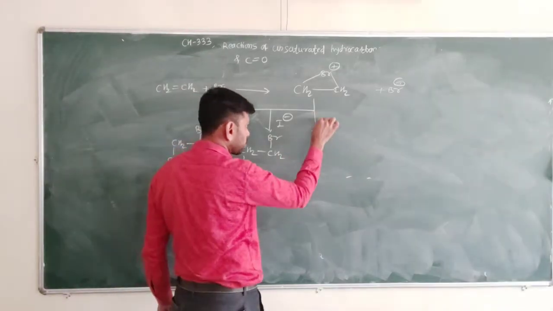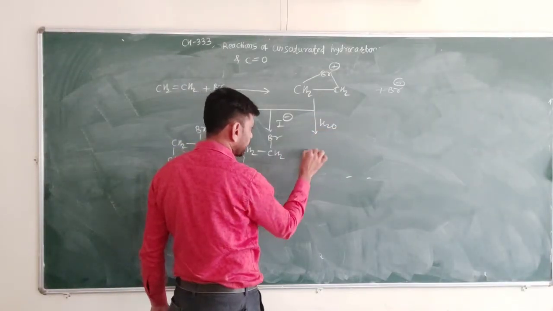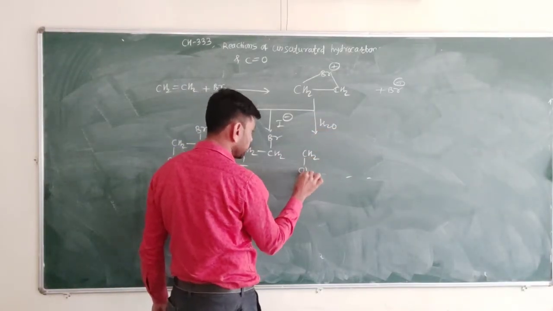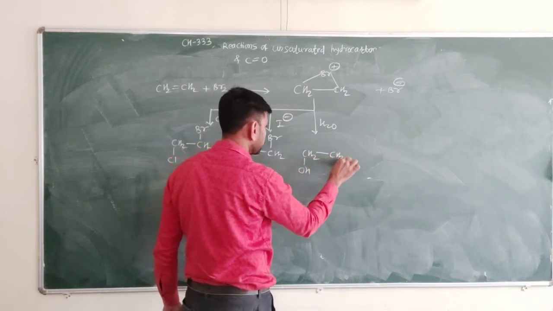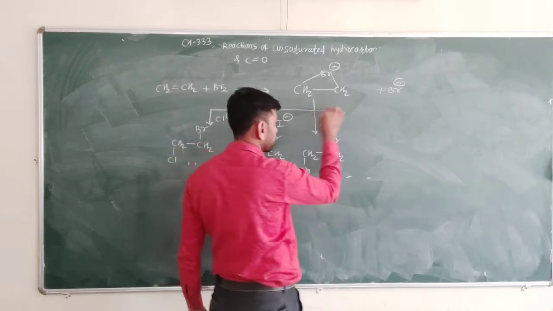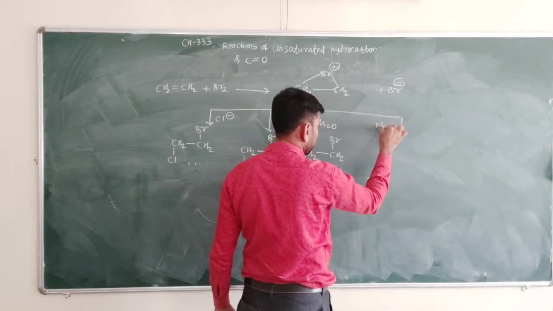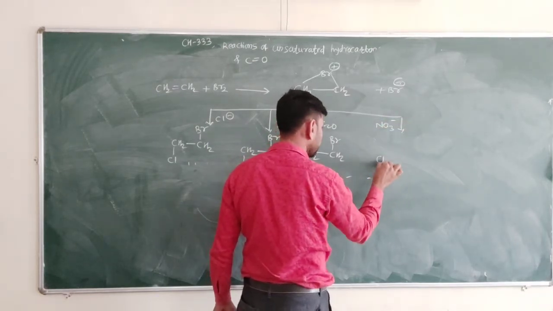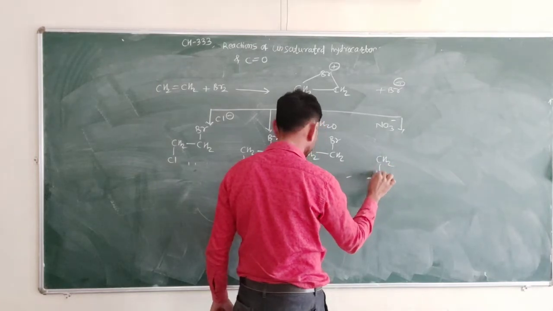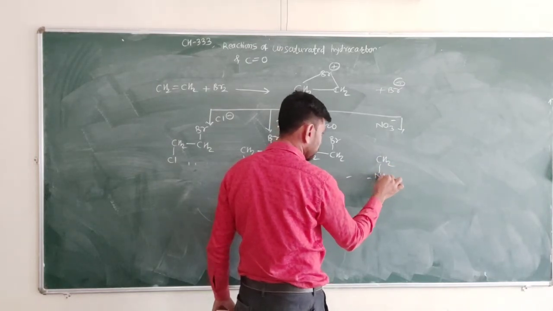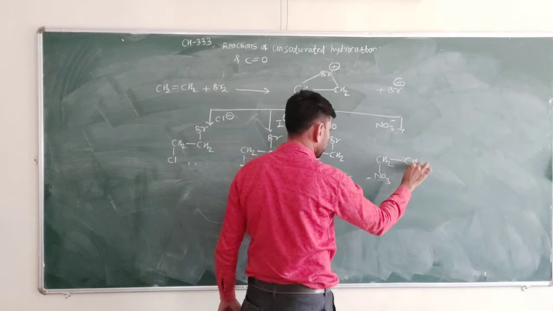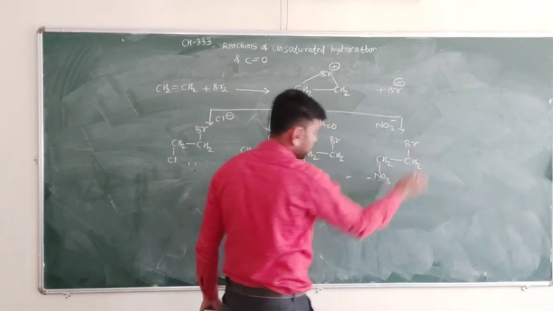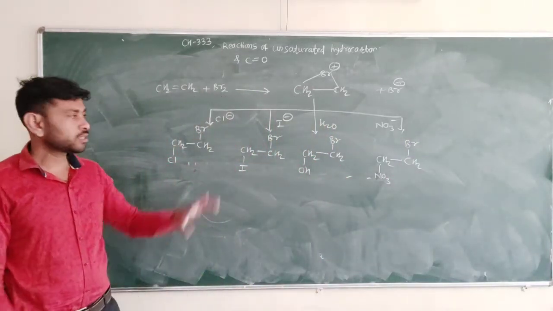If we add water, then we get CH2OH CH2Br. If we add NO3 minus, then we also obtain CH2NO3 CH2Br.